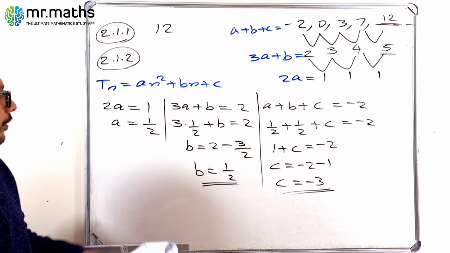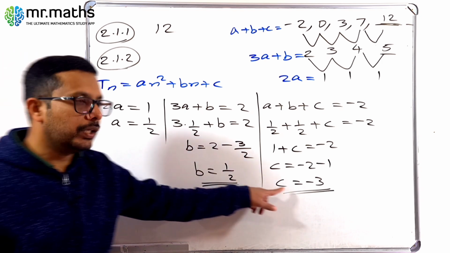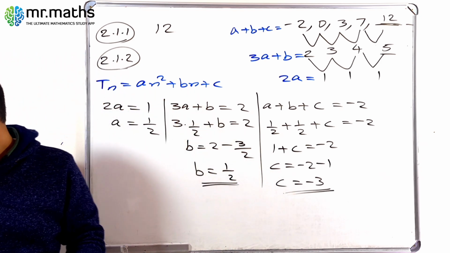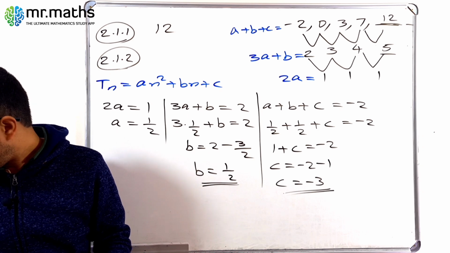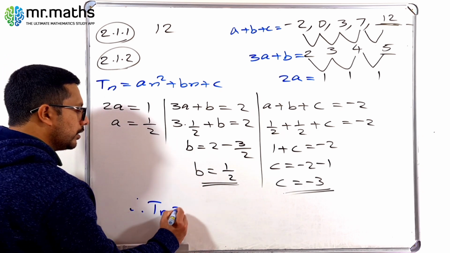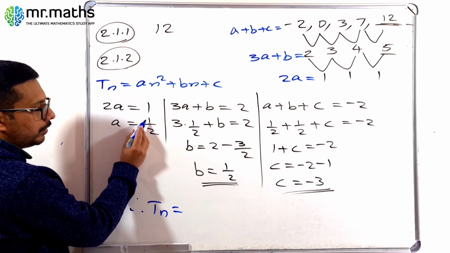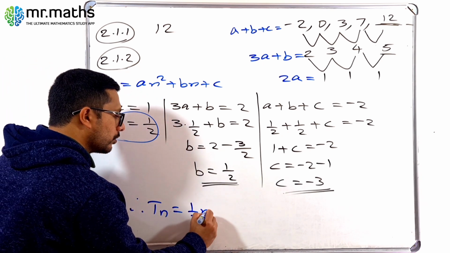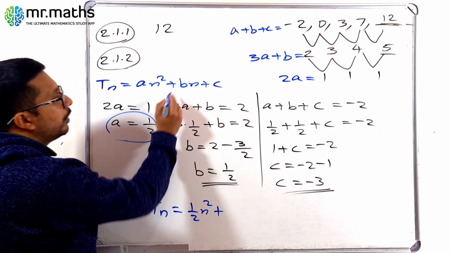Now we got the values of a, b and c. Now substitute in our general equation. Therefore Tn is equal to an square. A is half, so it is half n square plus bn.